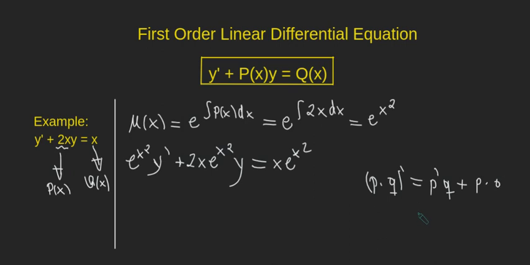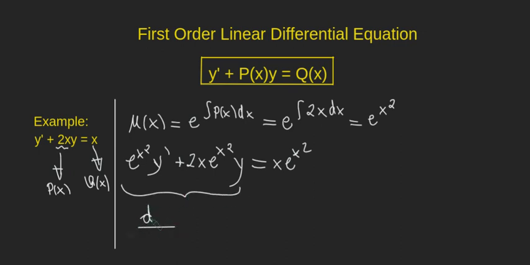So the left side can be rewritten as the derivative with respect to x of the product y times e^(x squared).